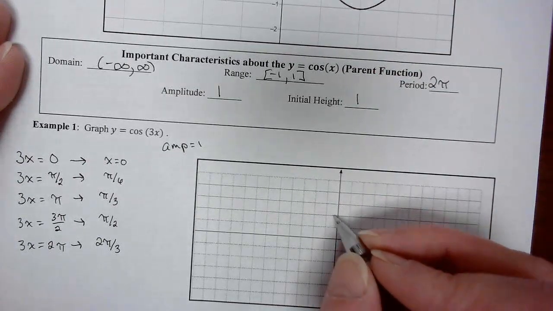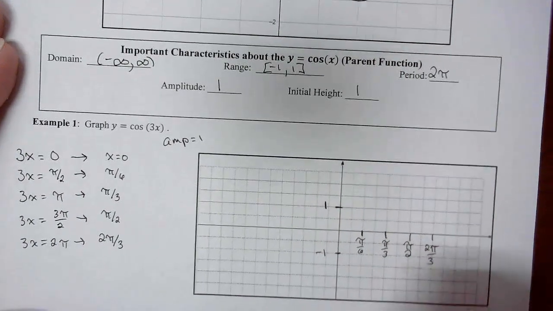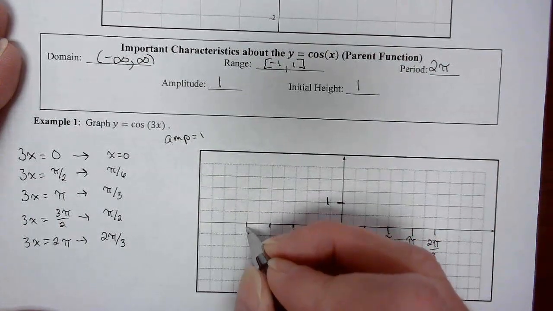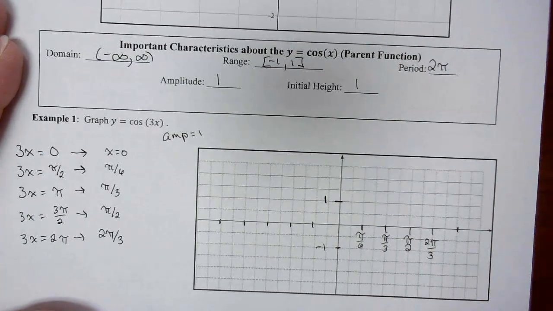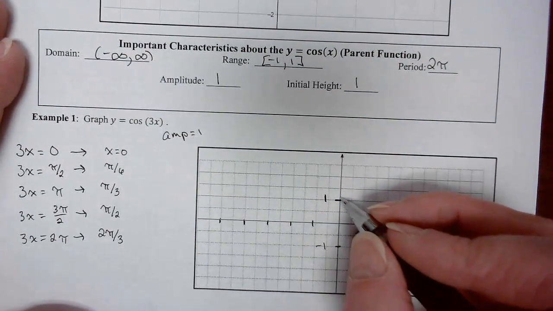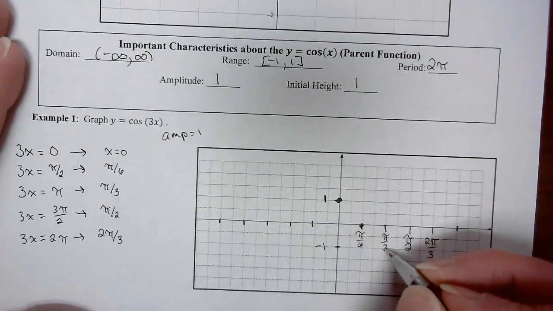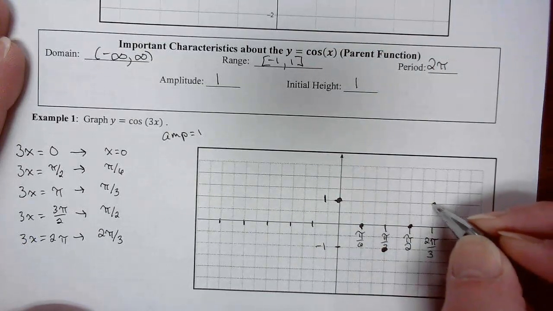Now, I'm going to mark here as my 1 and here as my -1. Let's go ahead and mark, because I'm going every other spot on my x-axis. Cosine starts at 1. Then it's going to go down to 0, then go down to -1, then back up to 0, and back up to 1.